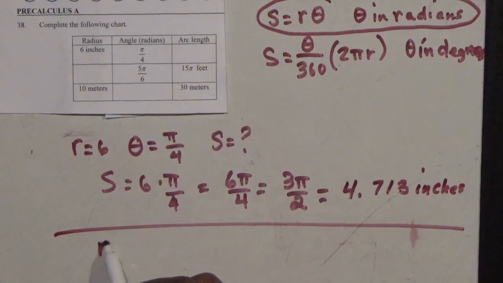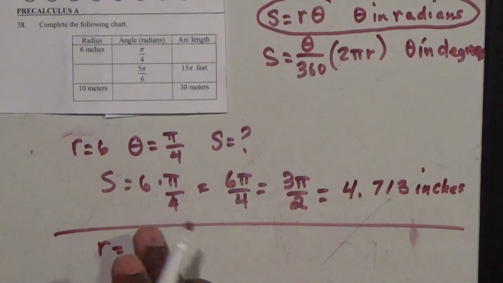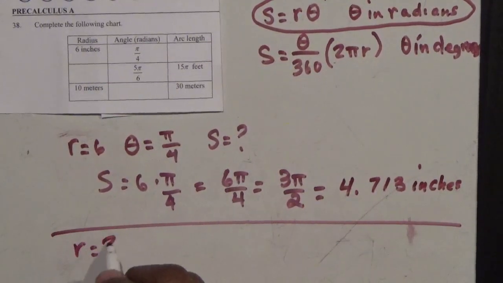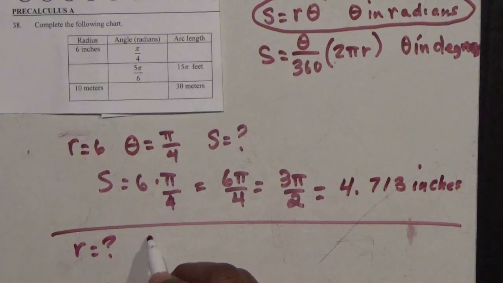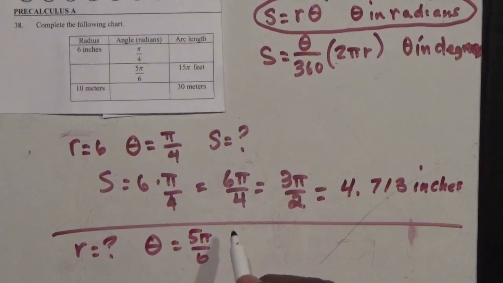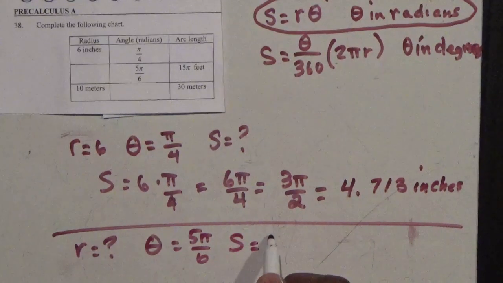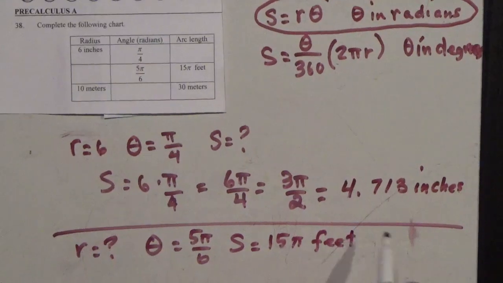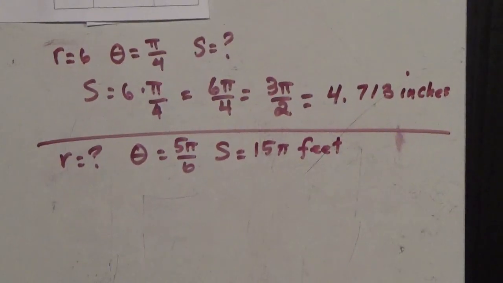Second problem, they give you R. They tell you R is equal, oh, I'm sorry, they don't give you R. R is missing. Theta is equal to 5 pi over 6, and the arc length, S, is equal to 15 pi feet. So let's go on.